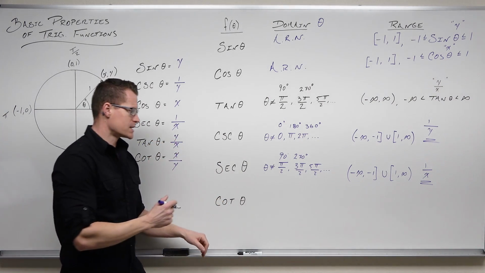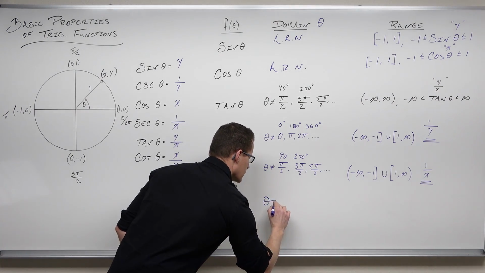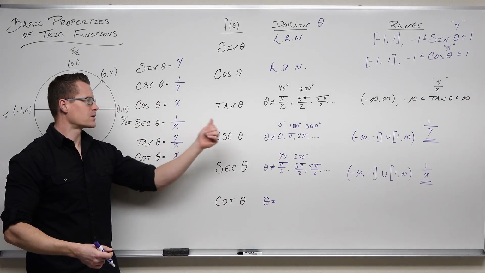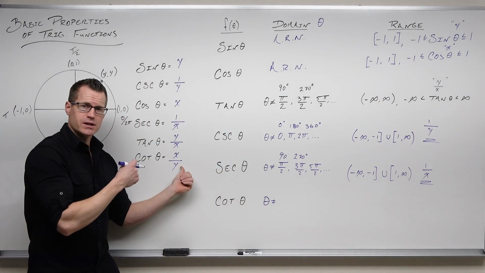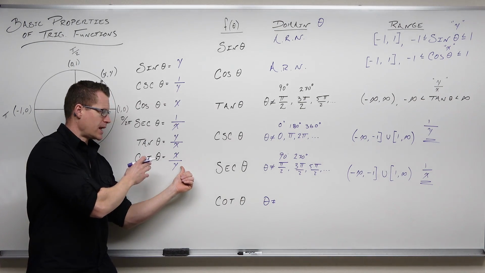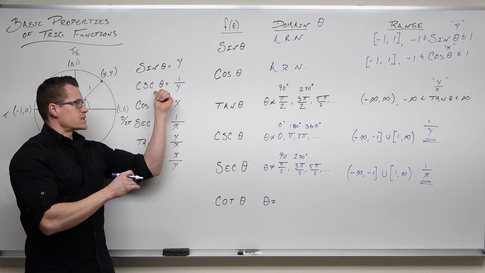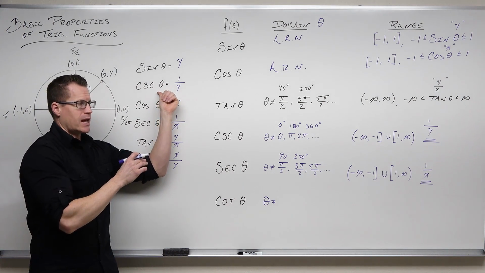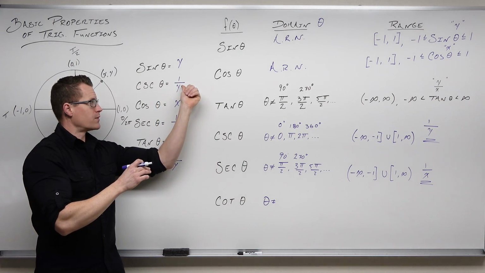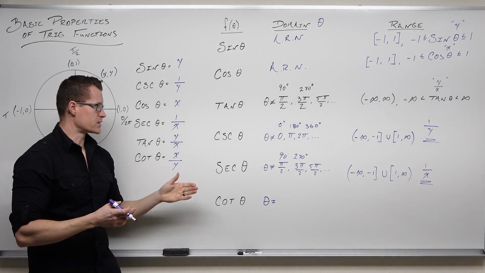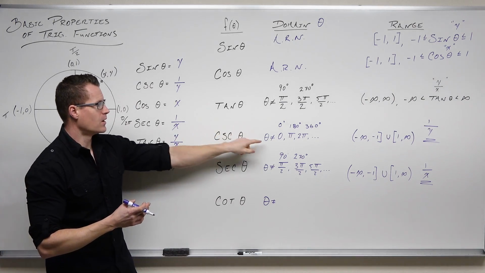And so what we're going to say is that our theta cannot be the same exact values that our cosecant is. Cotangent is creating this relationship of an angle to the x coordinate divided by the y. Cosecant is creating this relationship between an angle and 1 over y. So where this equals 0 is the same place where this equals 0, and both of those would be undefined. So we're just going to basically copy down those.